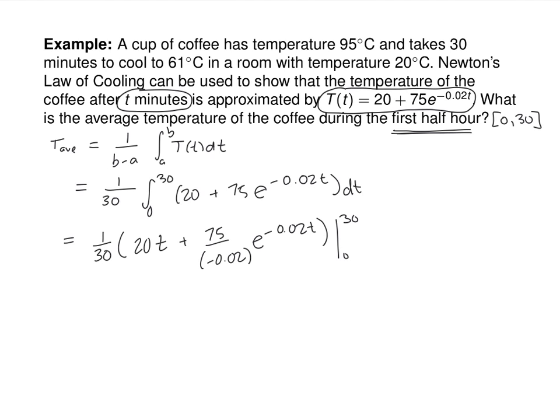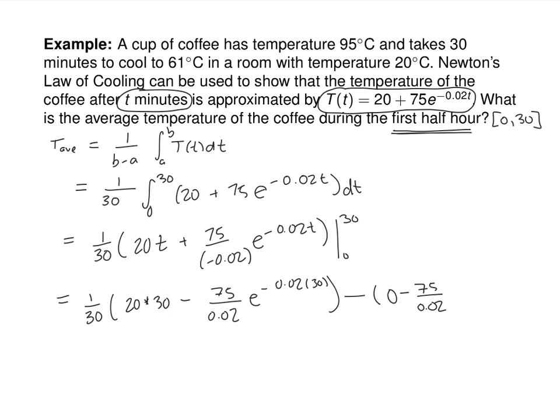And I know you can't actually plug these things in without a calculator, so I recognize that's an issue. 1 over 30, 20 times 30 minus 75 over 0.02 e to the negative 0.02 times 30, minus 0 minus 75 over 0.02. That's going to actually be e to the 0, which is 1.